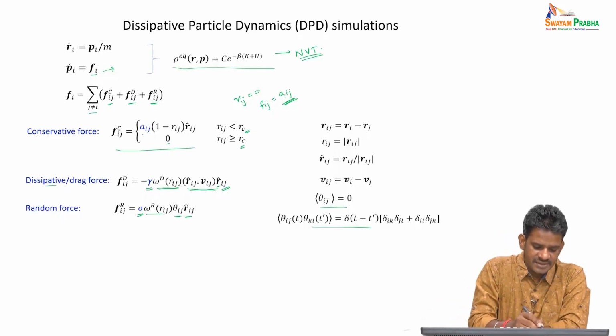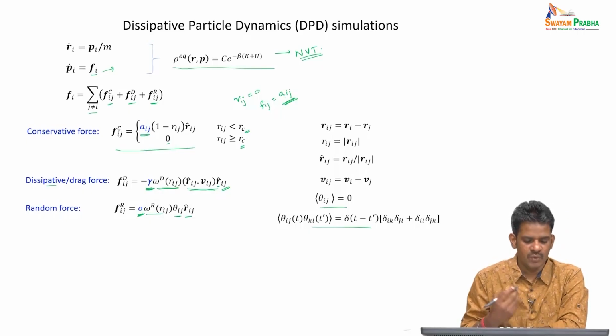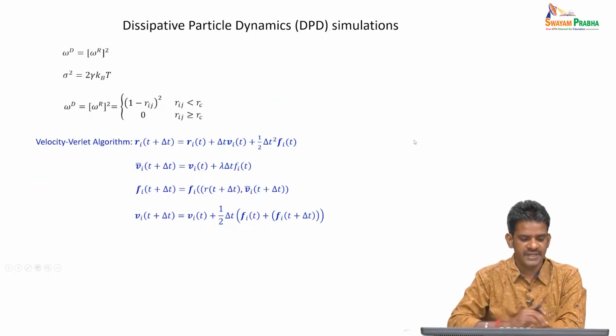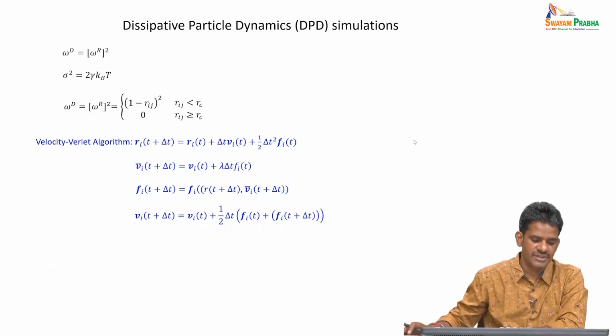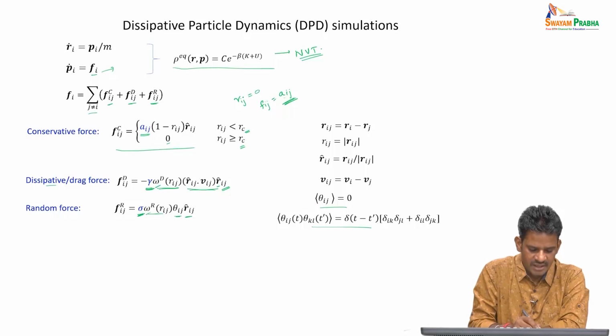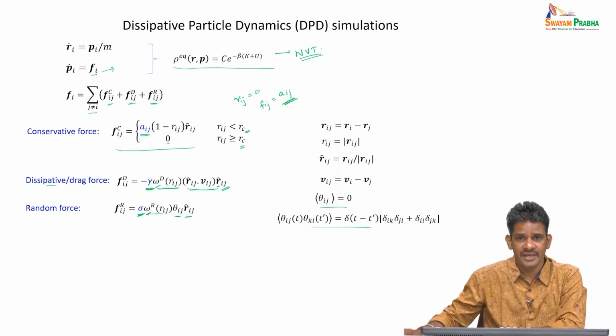I have highlighted some parameters in blue basically because these are the ones that, as a user, we will have to define: the repulsion parameter, the random force amplitude sigma, and the dissipative force parameter gamma, etc. It turns out that these weighting functions, omega d and omega r, are not really independent; they are related to each other.